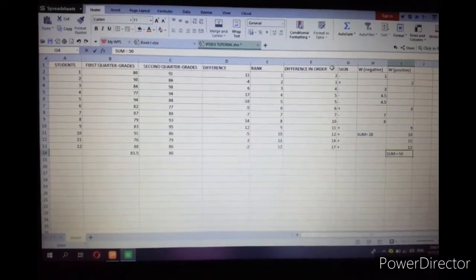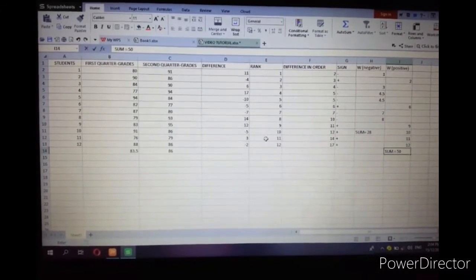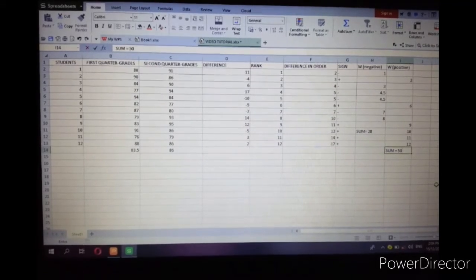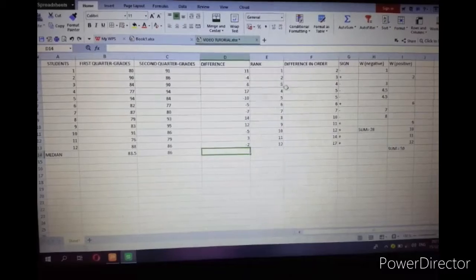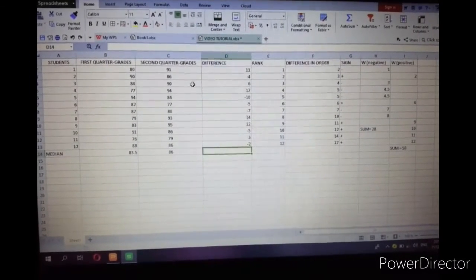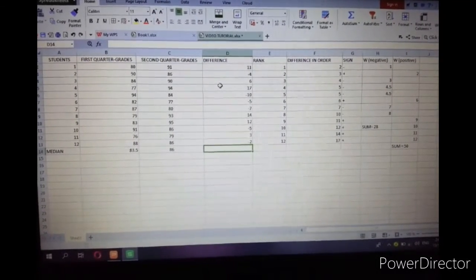So we have two tied ranks. So we need to use the normal approximation with Wilcoxon signed ranks. According to the rules of normal approximation with Wilcoxon signed ranks, if the number of observations or pairs is greater than 20, we can use a normal approximation.